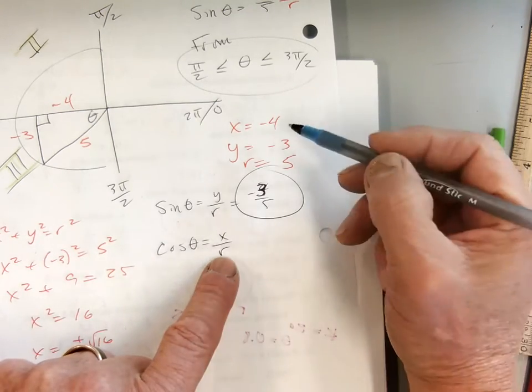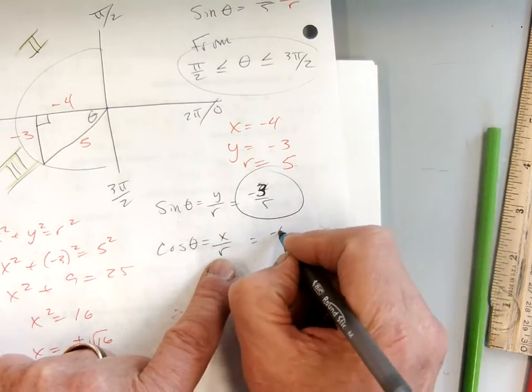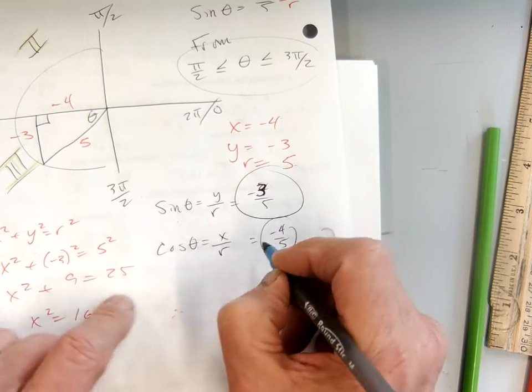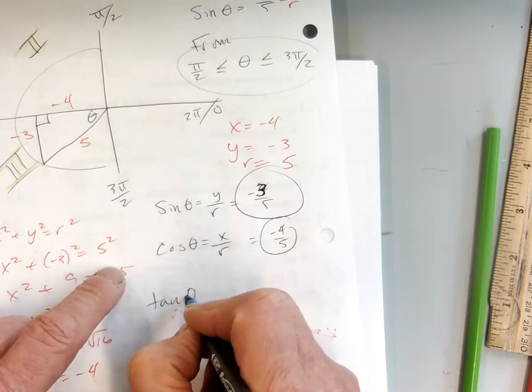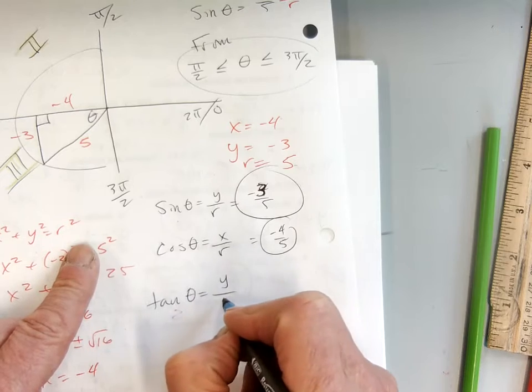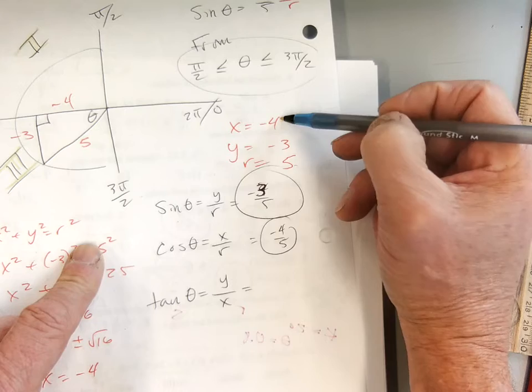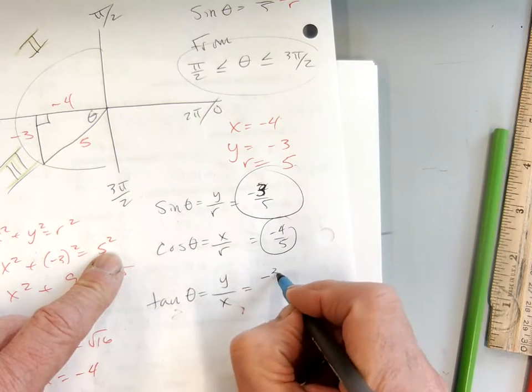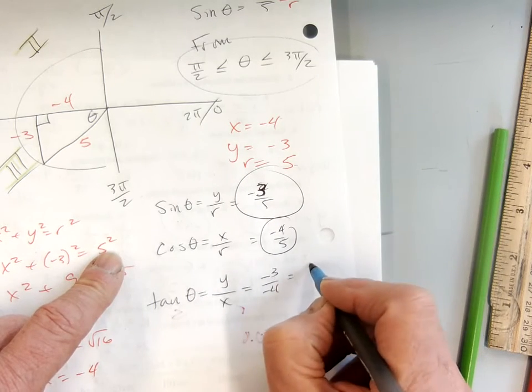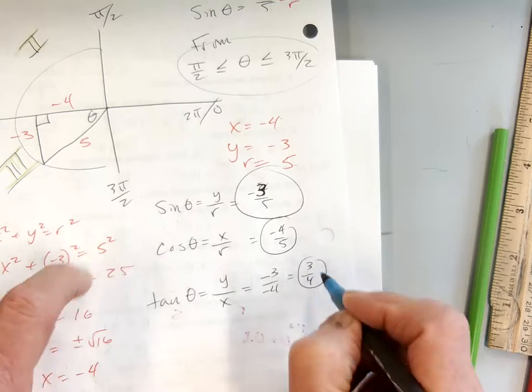So now cosine's just going to be -4 over 5. My tangent of theta is my y over my x, which is negative 3 over negative 4, or positive 3/4.